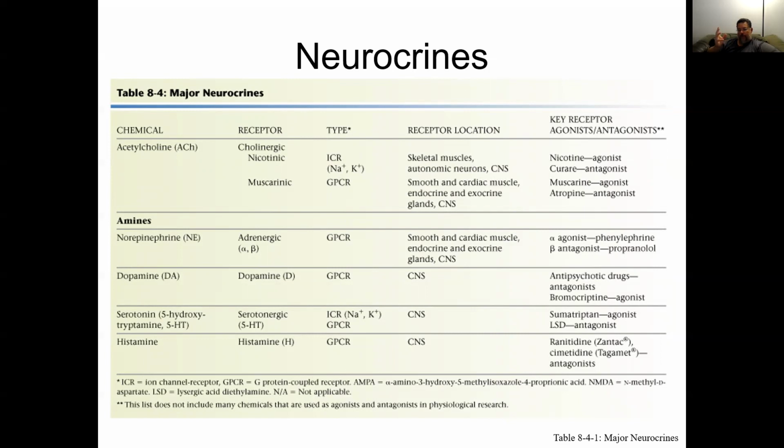You've probably come across these names before. So again, some of these neurotransmitters, neurocrines, will work on skeletal muscles, like acetylcholine, or norepinephrine will work on smooth muscles.